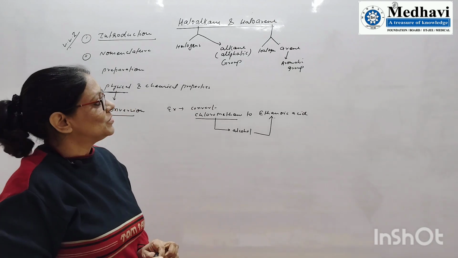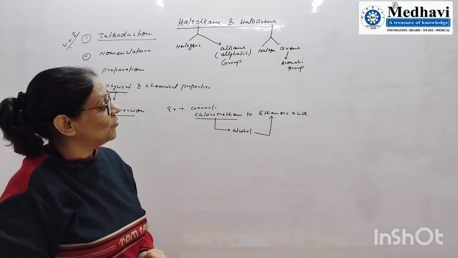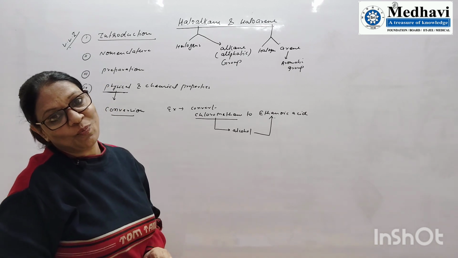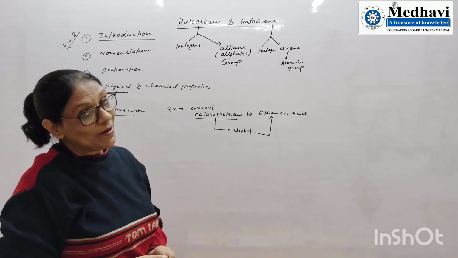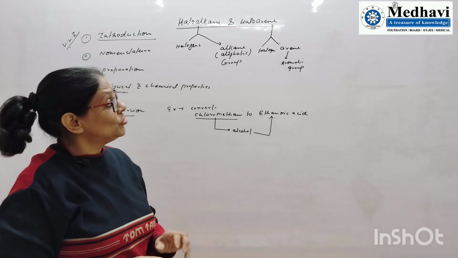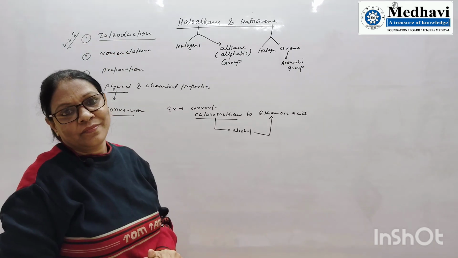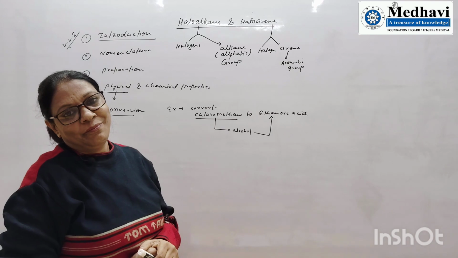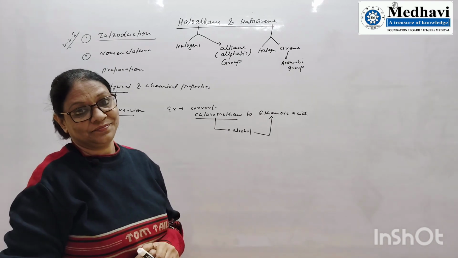So aromatic groups are those groups. Benzene is a part of the aromatic group. Huckel's rule, 4n+2 pi electrons, is needed for a compound to show aromatic behavior. You should know all these parts, then only go to this part. If you directly start preparation and properties, you will not understand.